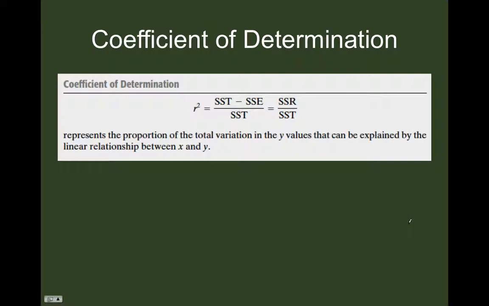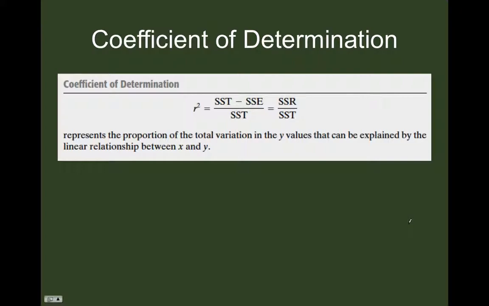Okay, now there's another number that we should consider, which is r squared. And r squared is the correlation coefficient squared. In any case, let's talk about this. r squared is called the coefficient of determination.